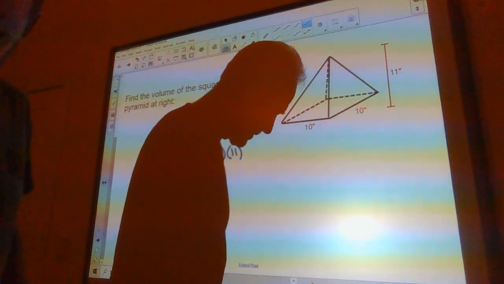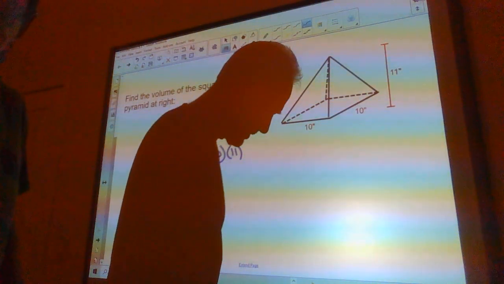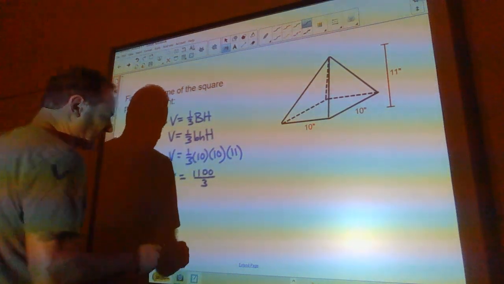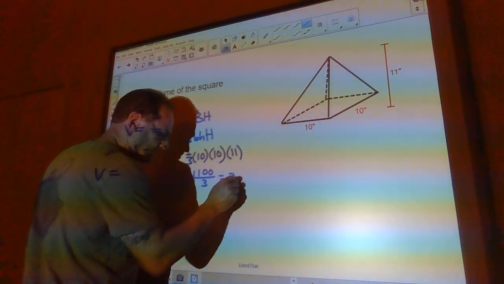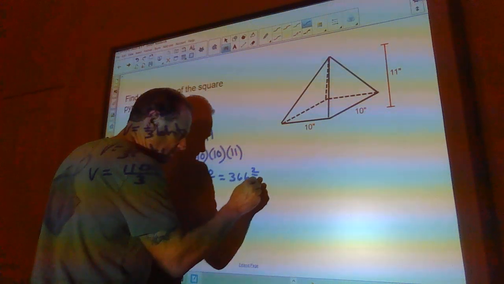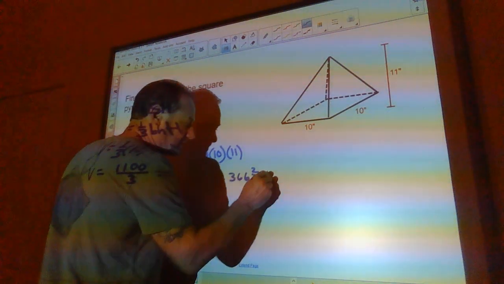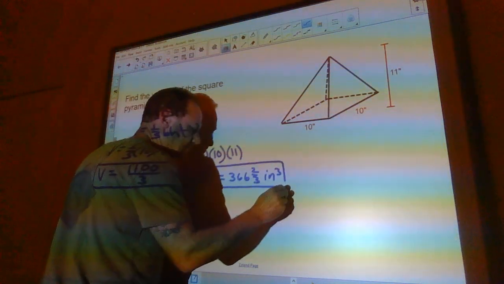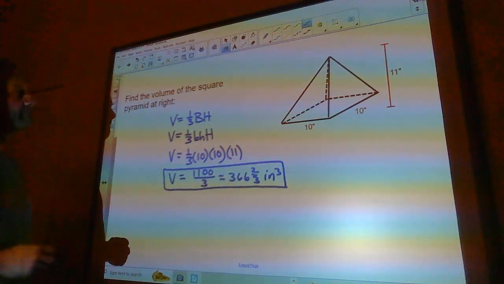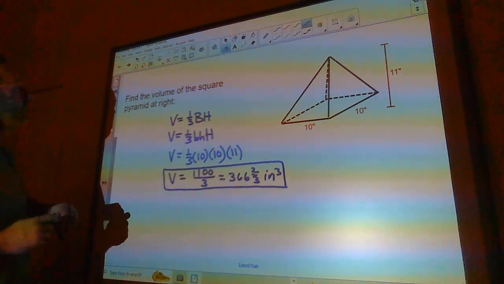So 1100 divided by 3 is going to be 366 and 2/3, and that is in cubic inches. Okay, so there we go. Easy enough.